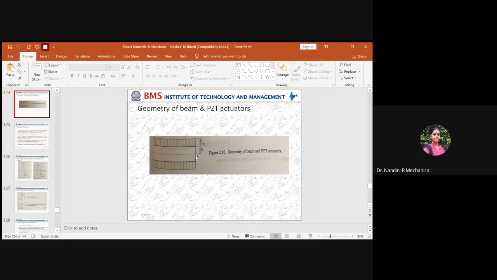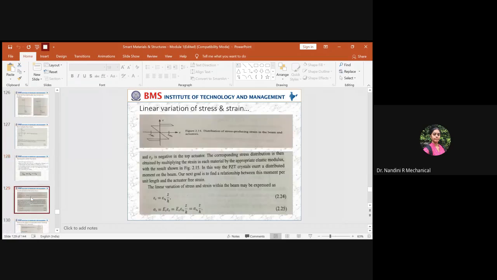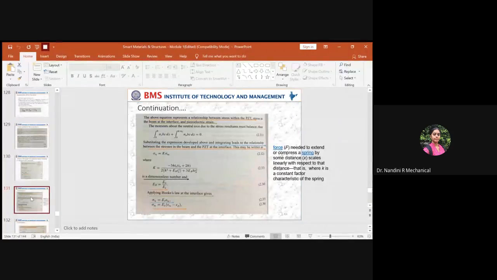No, 0 to h will provide you only this distance, but when you go for the PZT patch, the strain distribution and the stress distribution in the PZT patch is affected by the strain or the stress induced in the structure also. And hence you have to take again reference from here, h plus TA you will take. And hence you should be very clear with respect to the integrals. Okay, and hence 0 to h and h to h plus TA.